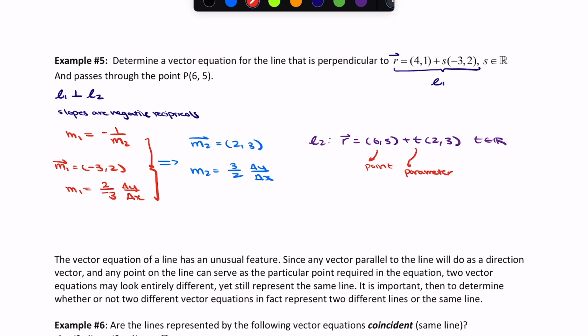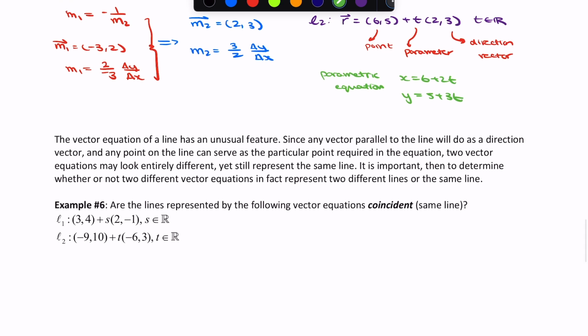And 2, 3 is the direction vector. And so here, that's our vector equation. If we want it as a parametric equation, then we split it up into the components. And so here we have x is equal to 6 plus 2t, and y is equal to 5 plus 3t.